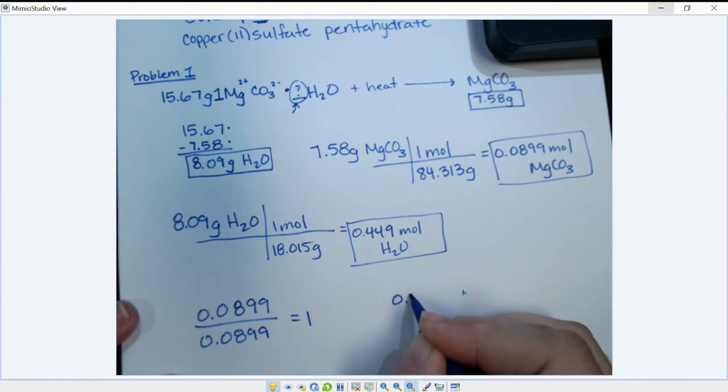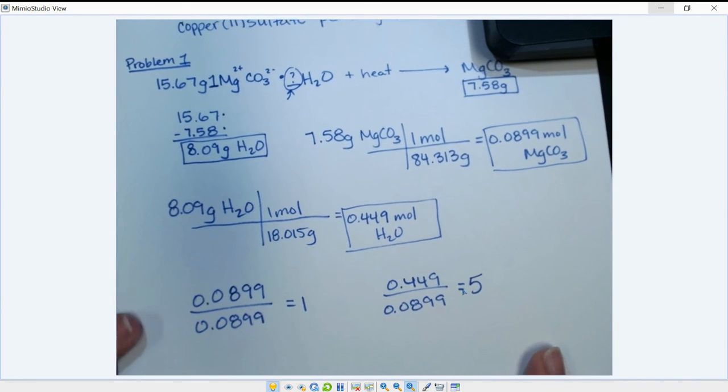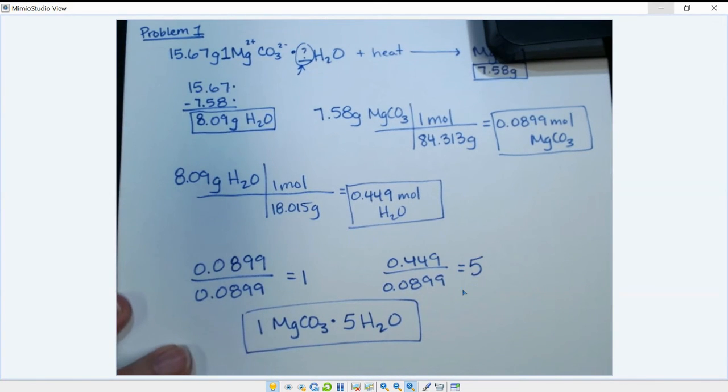Then I'm going to take 0.449 divided by 0.0899, and when I do that, I get 5. What this tells me is that the magnesium carbonate is in a 1:5 ratio with the H2O. So that is the formula of this hydrate.